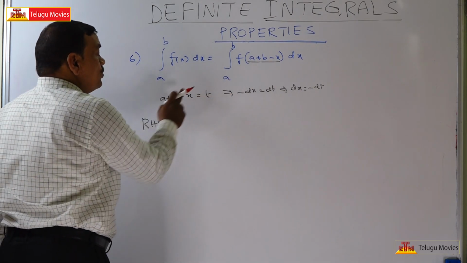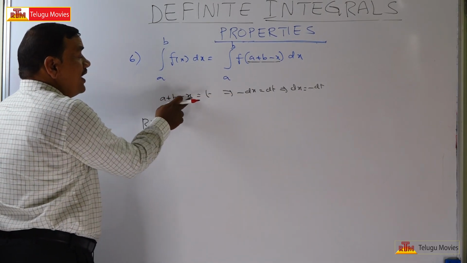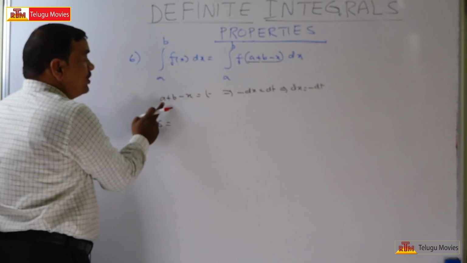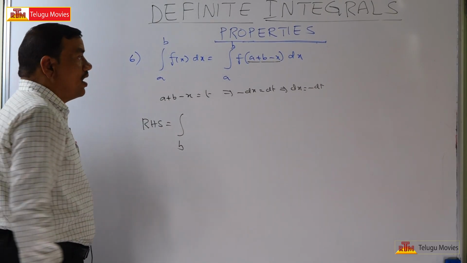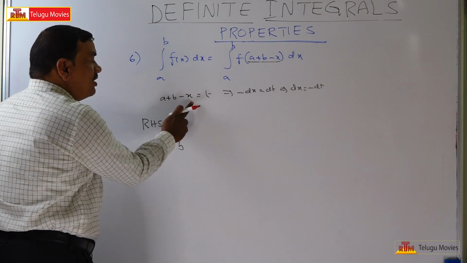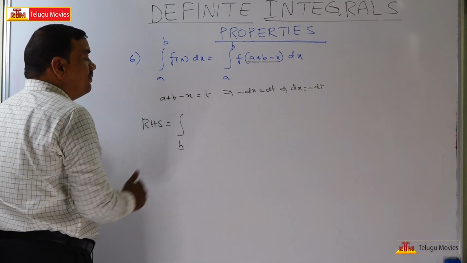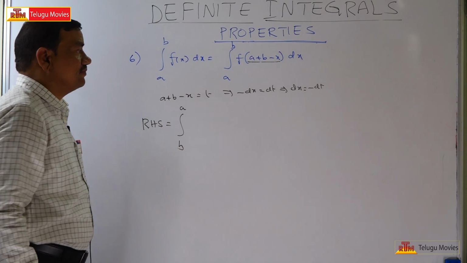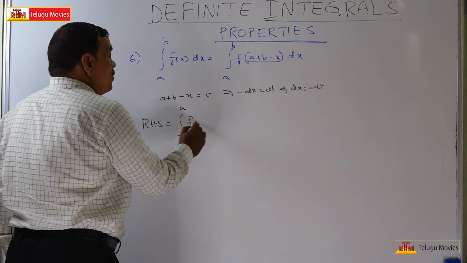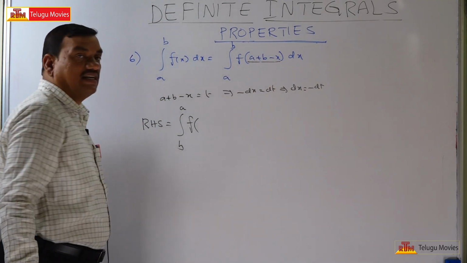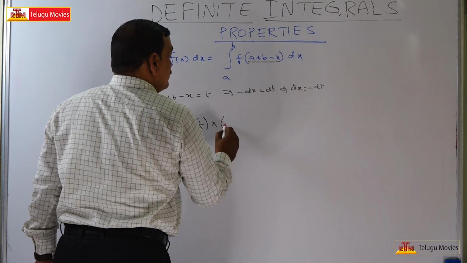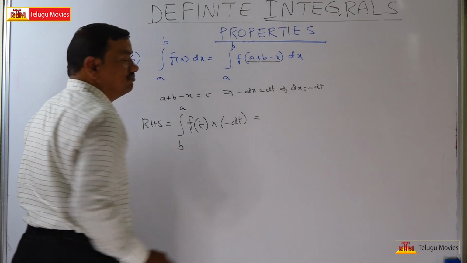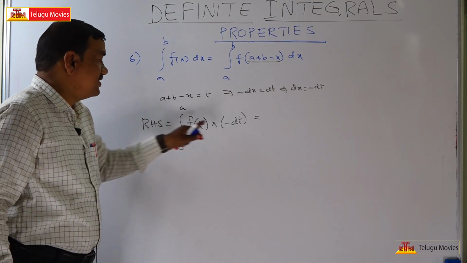When x is equal to a, substitute x is equal to a, a will cancel, you will get b. Upper limit b, substitute in place of x, b minus b will cancel, upper limit will be a. This is equal to f of a plus b minus x, whose value is how much? t. And dx value is how much? Minus dt. Yes, automatically this minus is there.